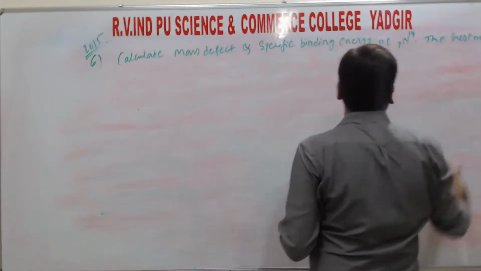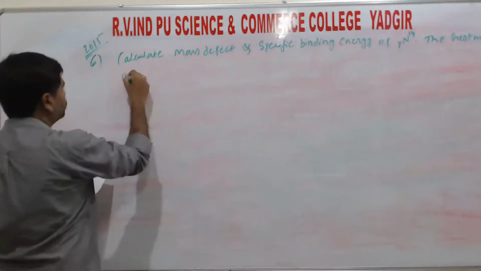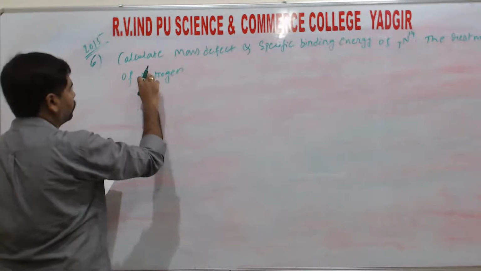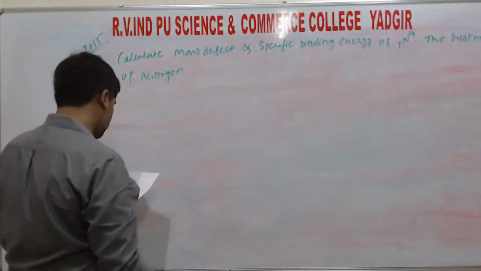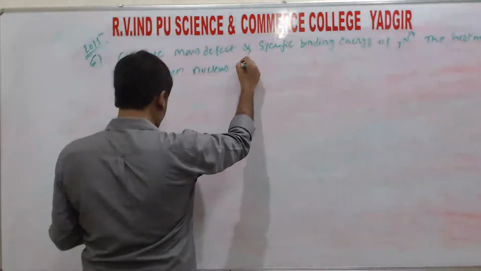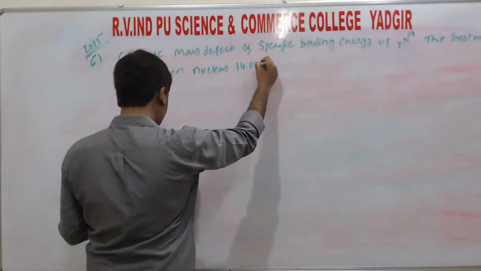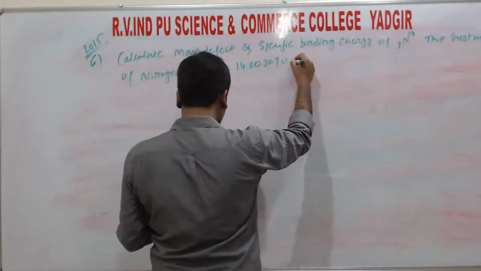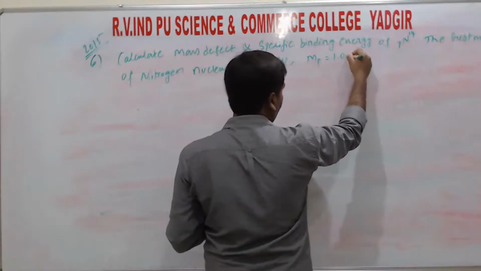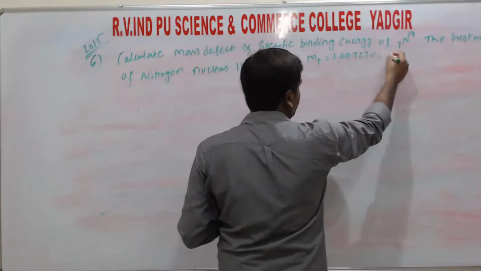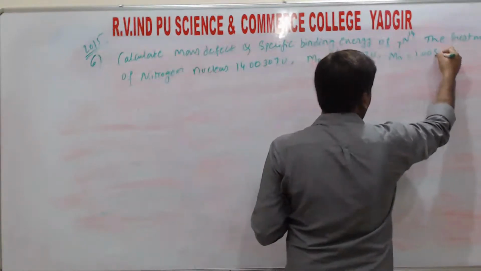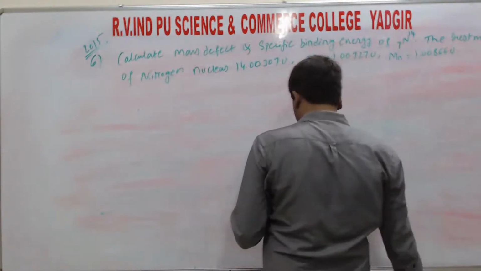The rest mass of the nitrogen nucleus is 14.00307 U, and the given mass of the proton Mp is 1.00727 U, and mass of the neutron is 1.00866 U, right?